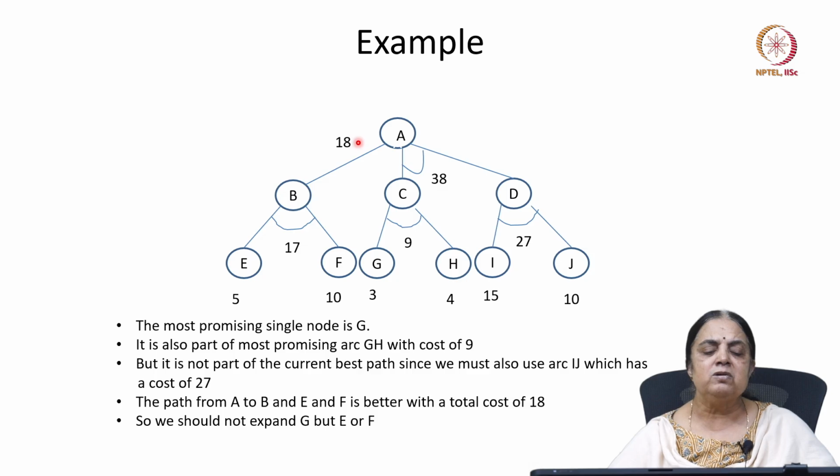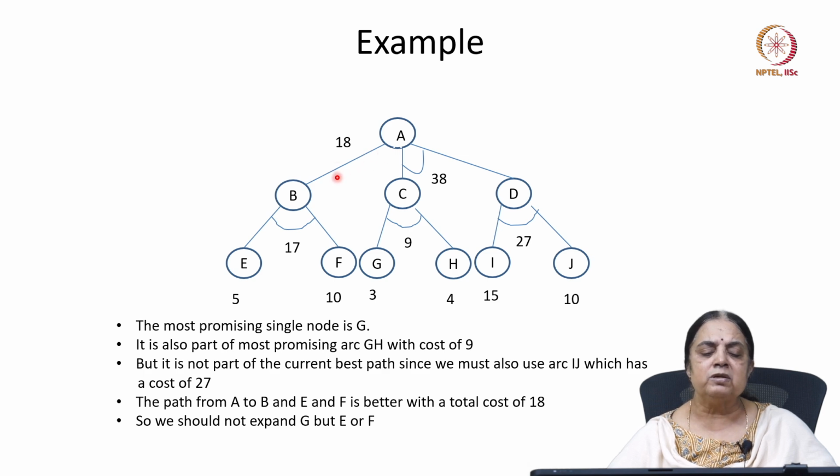And this node, okay, because this is 10 and 5, 15, you get 17 here, right, and this would be 18. So this path from A has a value of 18 and this one has a value of 38. So this is the most promising node to expand, okay.